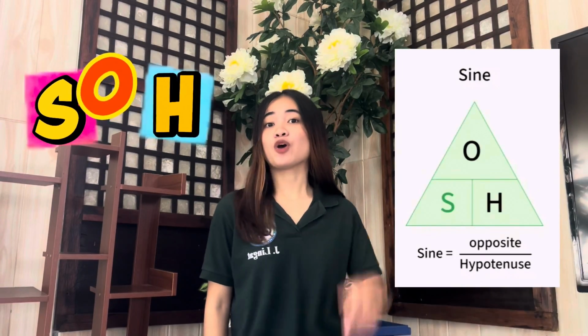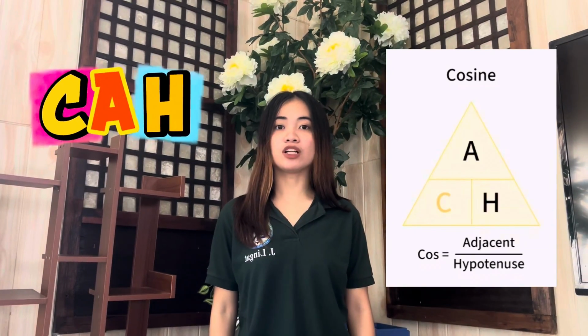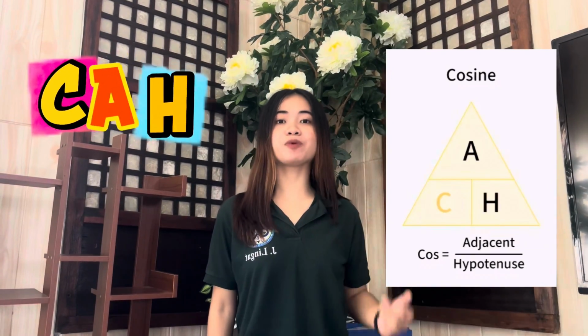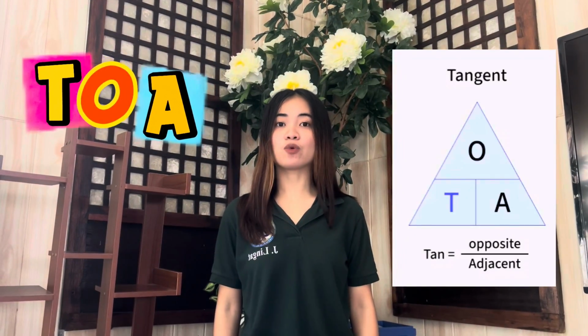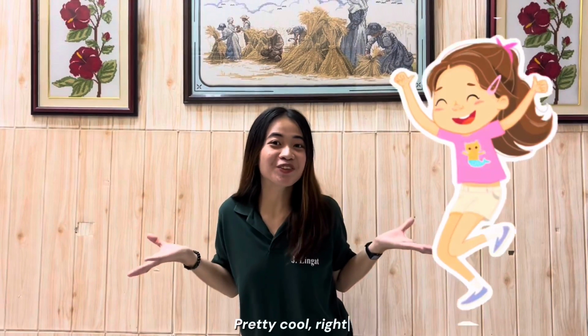Here's what it means. SOH is for sine is equal to opposite over hypotenuse. CAH is for cosine is equal to adjacent over hypotenuse. And TOA is for tangent is equal to opposite over adjacent. Pretty cool, right?